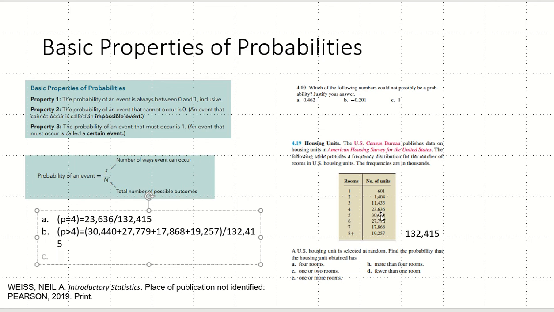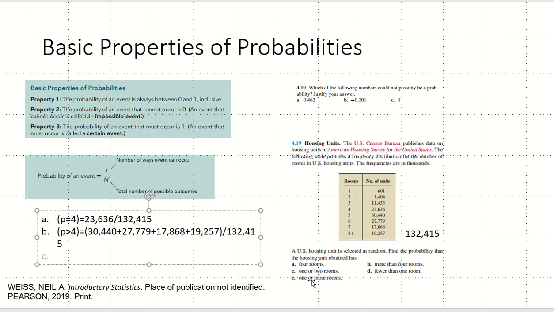We add only these numbers because these are the number of units. This is just the qualifier. 5 is more than 4. 6 is more than 4. 7 is more than 4. 8 plus is more than 4. So we only are concerned with these four numbers divided by the total number of possible outcomes.